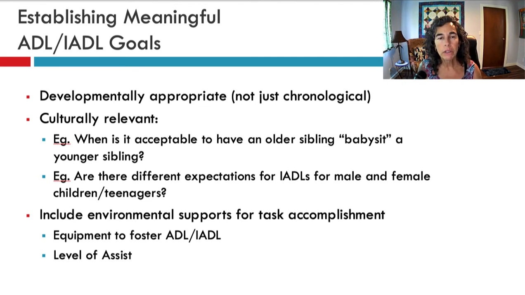They might act like they're 8 or 7, right? We also want to establish culturally relevant goals. So taking the IADL of babysitting, right, which is kind of a first almost work activity, but definitely childcare is an IADL. When's it acceptable to have an older sibling babysit? Is that a thing?